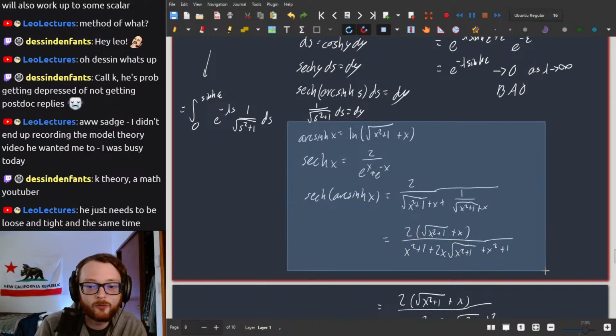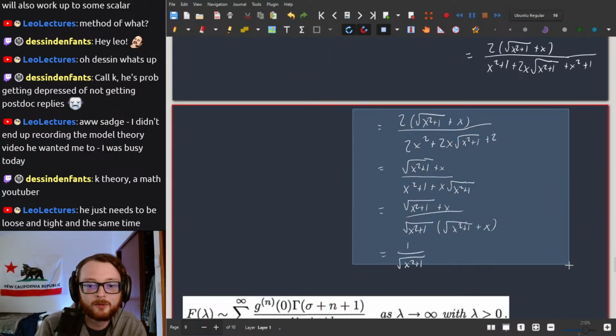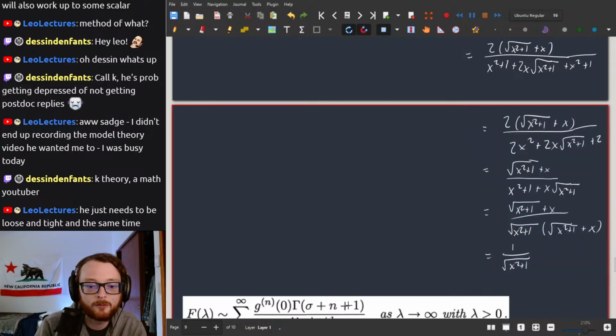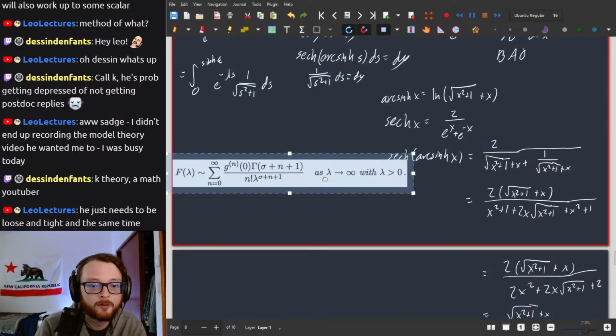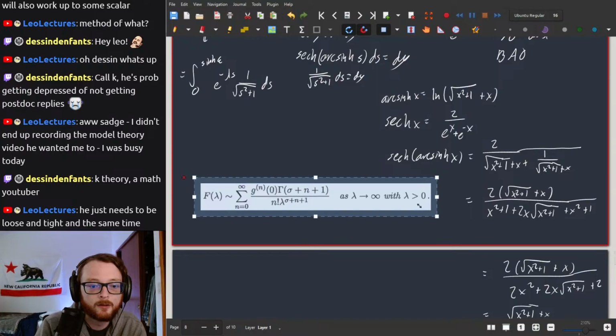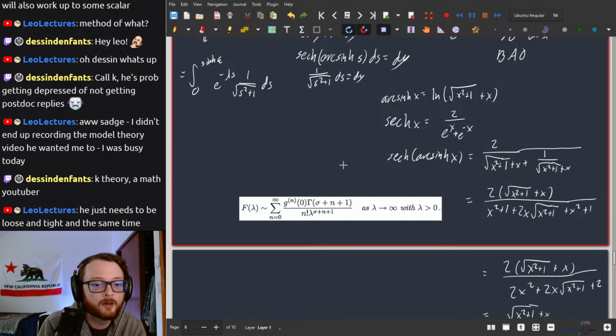This work is taking up too much room. I don't want to get rid of it. Okay.